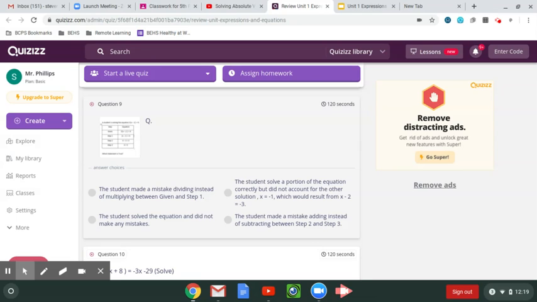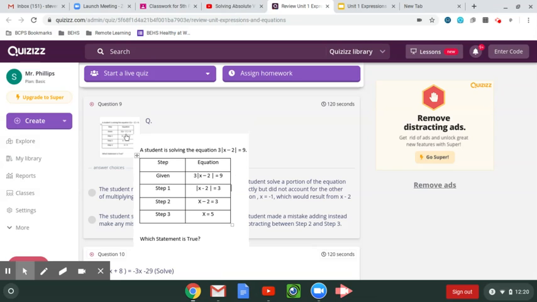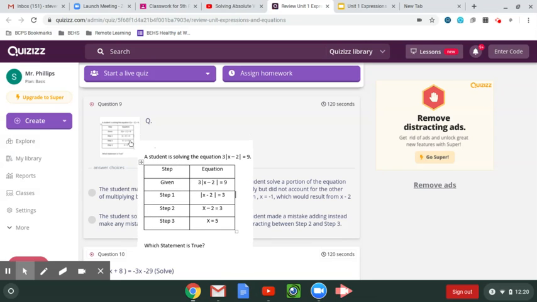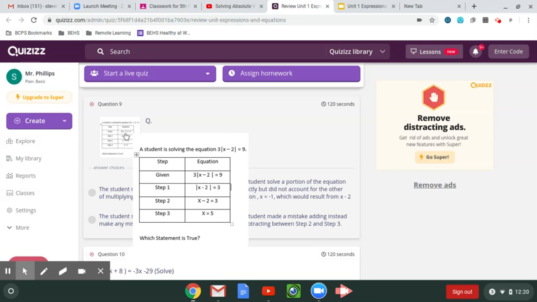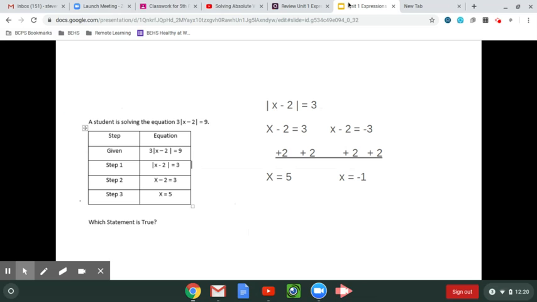If I'm thinking correctly, I'm sitting there going, I just did absolute value equations with Mr. Phillips on Monday and Tuesday. There's more than likely supposed to be 2 solutions, but this absolute value equation is only showing 1 solution. And you start to think, oh, that's right. They were supposed to set it equal to a positive 3 and a negative 3.